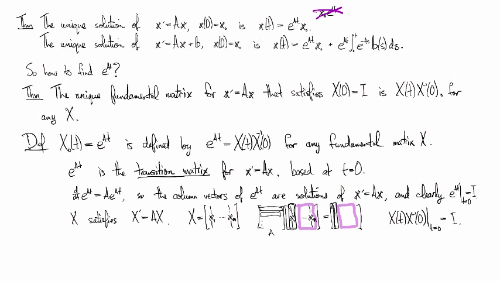So the neat idea here is that multiplying by e to the At evolves the system forward in time, forward by t.